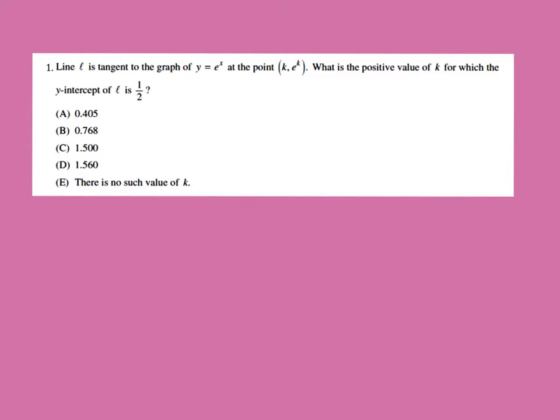Okay, so for this problem, it's really helpful if you're able to draw a picture of it and visualize. So the graph of y equals e to the x, you may or may not remember it, but I'm going to draw a little bit right here. You can always draw an xy table just to know what's going on.